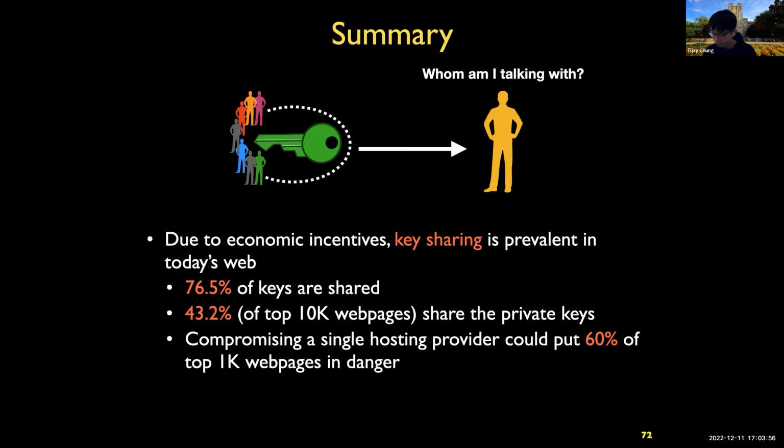Due to economic incentives, key sharing is prevalent in today's web. 76% of the keys are shared with someone else. If we focus on just the top 10K web pages, 43% of them share private keys. For example, compromising a single hosting provider could put 60% of the top 1K web pages in danger.